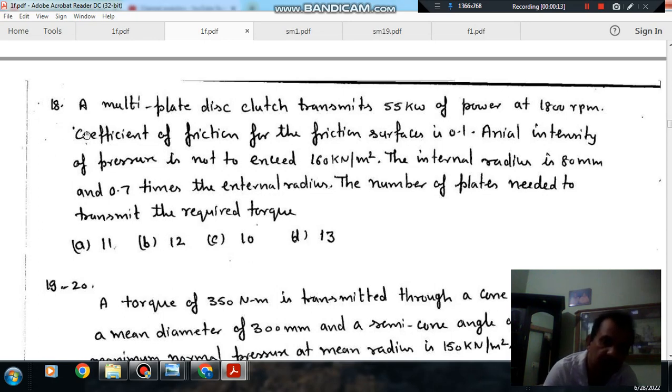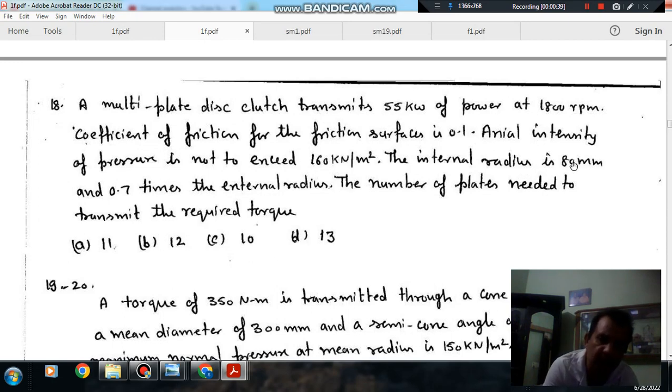Question number 18: A multi-plate disc clutch transmits 55 kilowatt of power at 1800 rpm. The coefficient of friction for the friction surfaces is 0.1. The axial intensity of pressure is not to exceed 160 kilonewton per meter square.